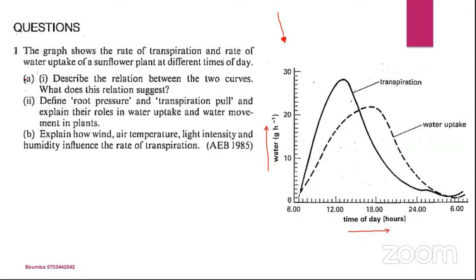And here they're saying for part A, describe the relation between the two curves. What does this relation suggest? So can I have someone to describe the relation between the two curves?